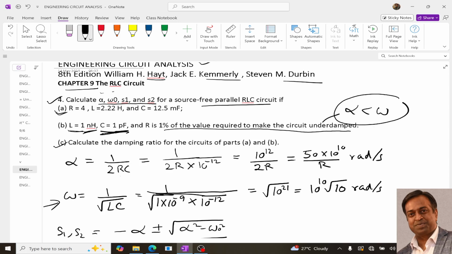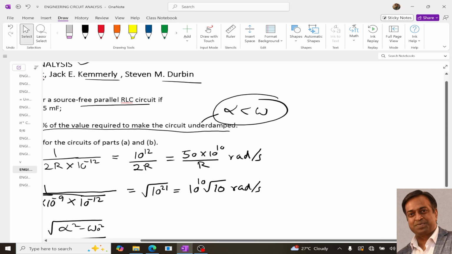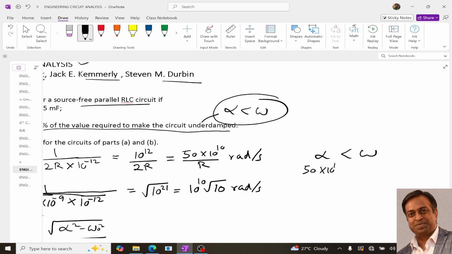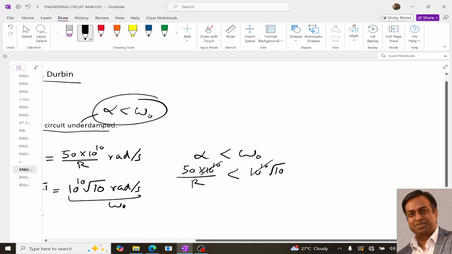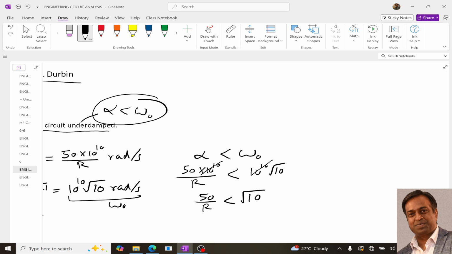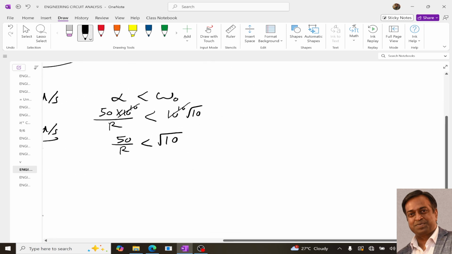Now using this condition, alpha is less than omega naught, so alpha is 50 into 10 power 10 upon R, which is less than omega naught, so it is 10 power 10 under root 10. So this 10 power 10 and 10 power 10 will cancel out, so we get 50 upon R less than root 10, right?